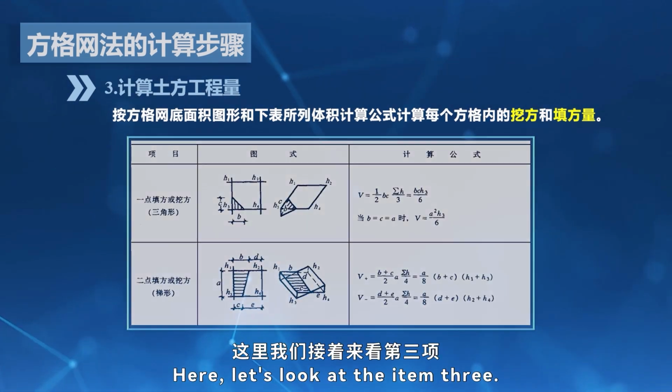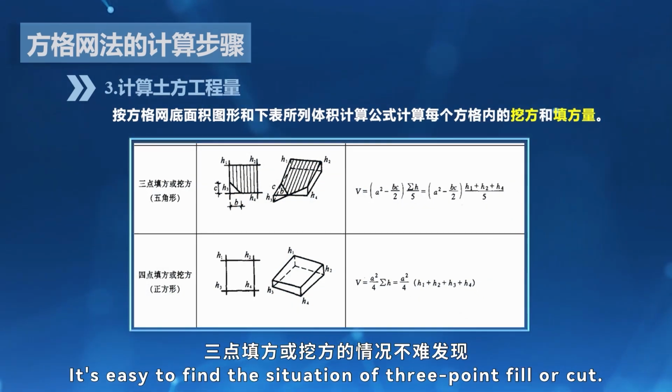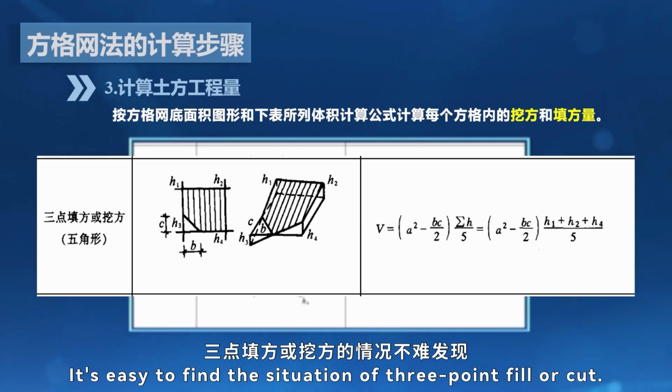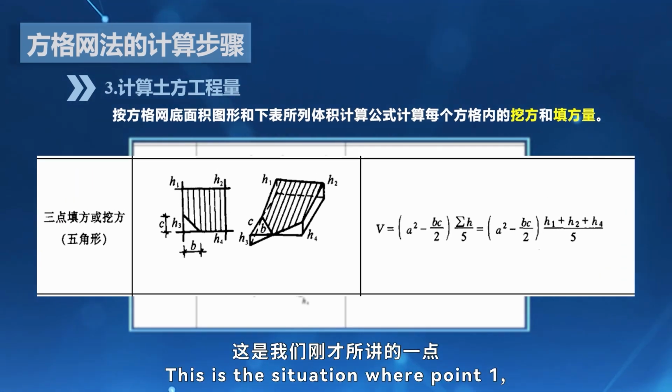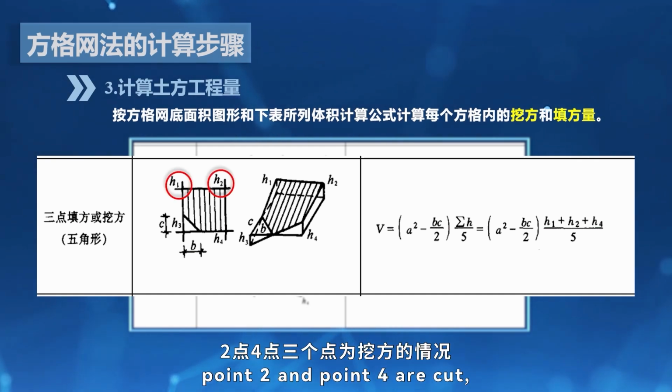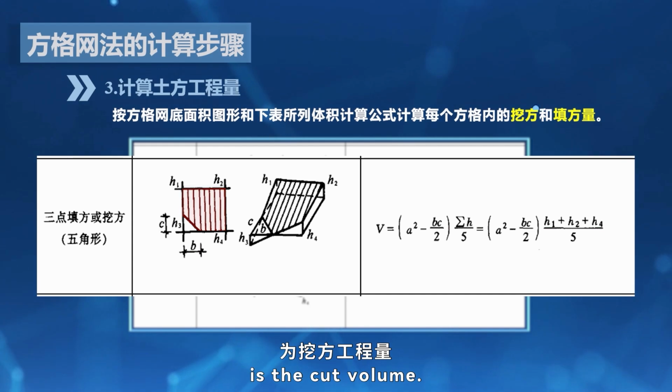Here, let's look at item 3. It's easy to find the situation of 3-point fill or cut. This is the situation where point 1, point 2, and point 4 are cut. That is, the engineering volume in the pentagonal area is the cut volume.